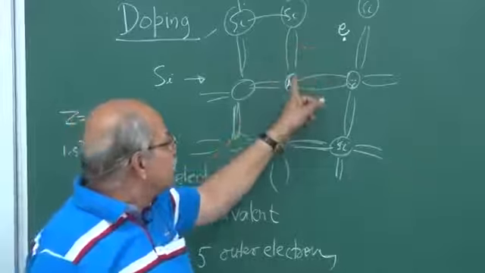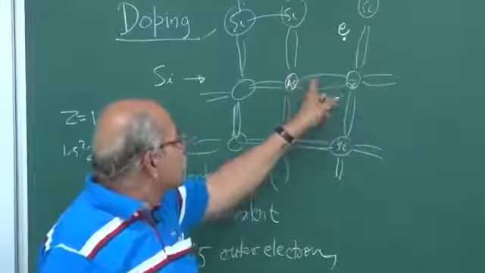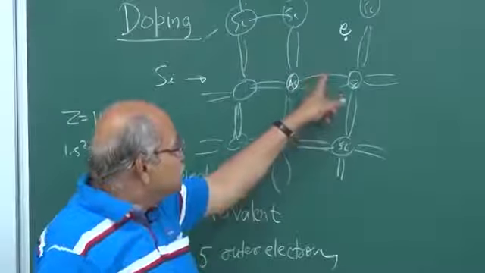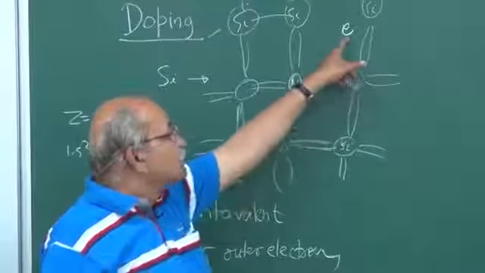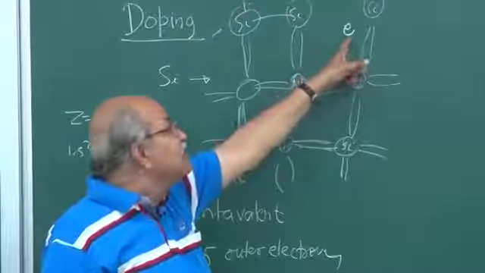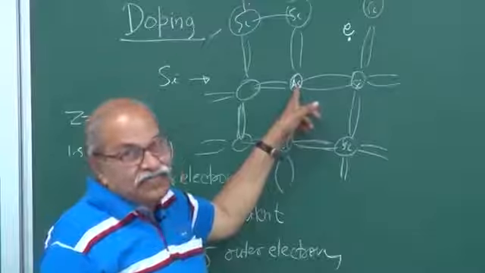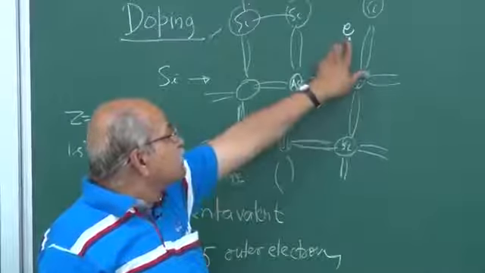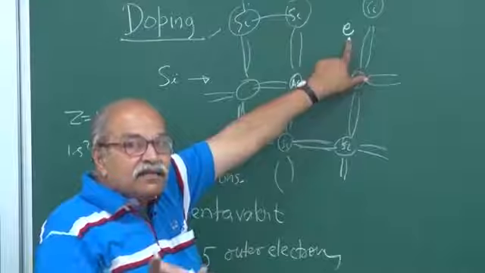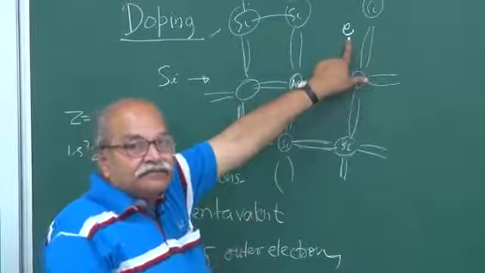If an electron is taking part in bonding, its energy is very low, meaning in the valence band. But this one is not bonded, so it's very weakly bound. As compared to the valence band electrons, this electron will have much higher energy.